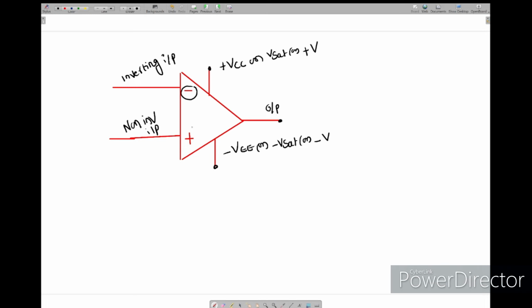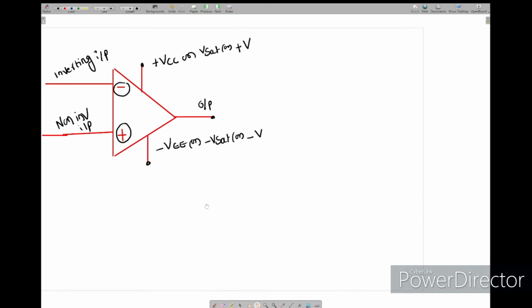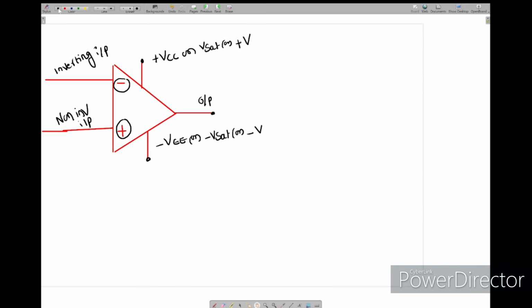So why are these two pins called inverting and non-inverting? Let me take one input signal, this one, call it VI, and apply it to the negative terminal of the op amp.